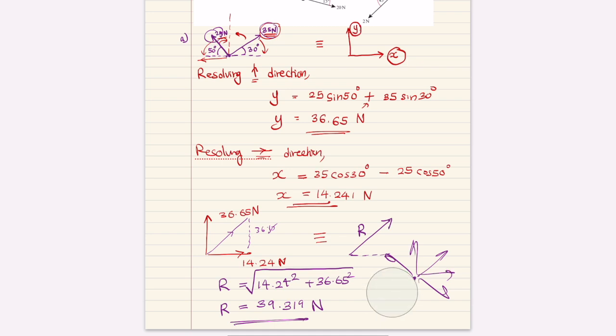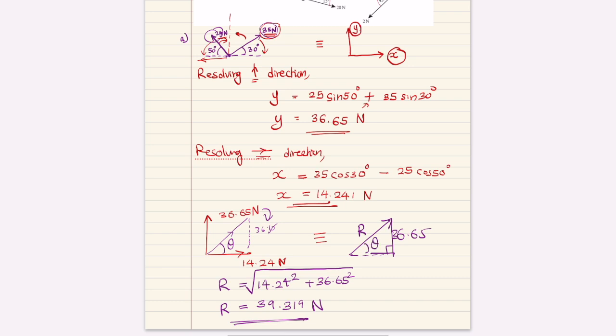So you can easily find the angle that it creates to the horizontal or the vertical by using simple trig calculation. So if you want to find this theta, let it be theta. You can see that this 36.65 is going to be the opposite side of this right angle triangle.